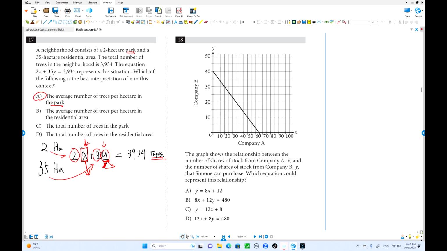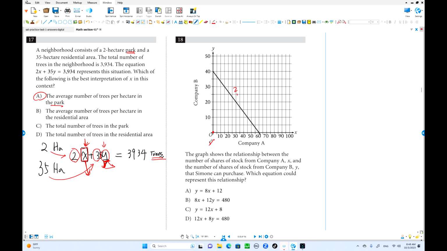Here is number 18. The graph shows the relationship between the number of shares and the stock sales from company A and company B that Simon can purchase. Which expression represents this relation? We're going to find the equation of this one. In this case, you had better choose one point over here.